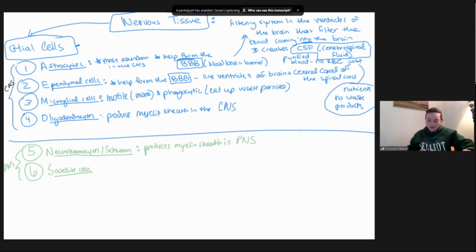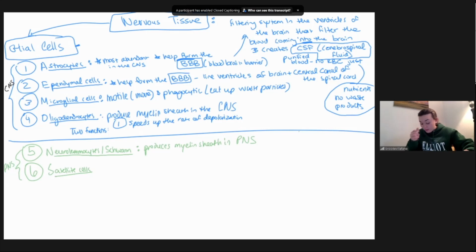So why is myelin sheath important? You guys kind of know what it is and how to identify it on the model. So you know it's like a fatty covering. So it has two functions. Function number one, it speeds up the rate of depolarization. The rate of depolarization is how fast the electrical impulse can travel.